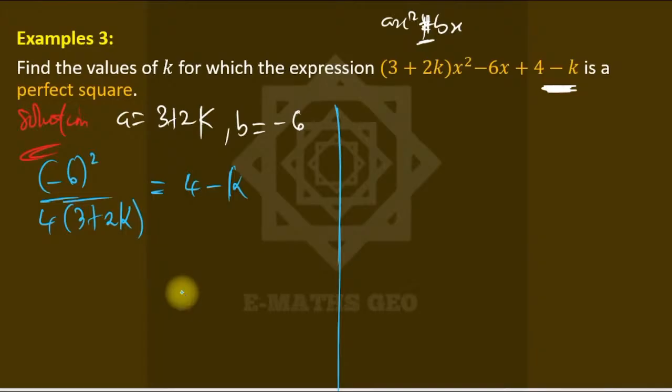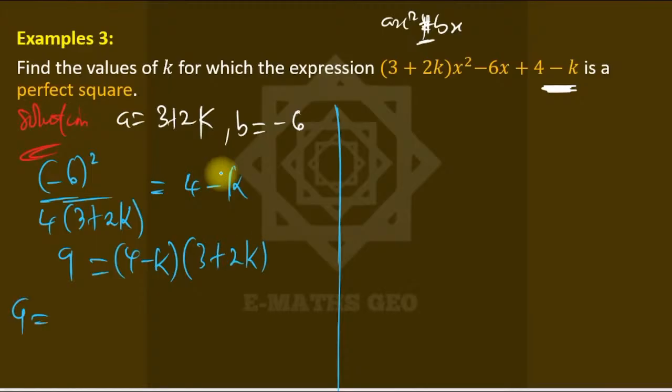Now we can solve for our unknown. So 36 over 4, this is 9. So I have 9 over 3 plus 2k. That's minus 6 squared is 36, over 4 is 9. So this one will cross over to multiply 4 minus k, 3 plus 2k. So again, we'll expand the right-hand side, 12 minus 3k. Okay, let me just write minus 3k.